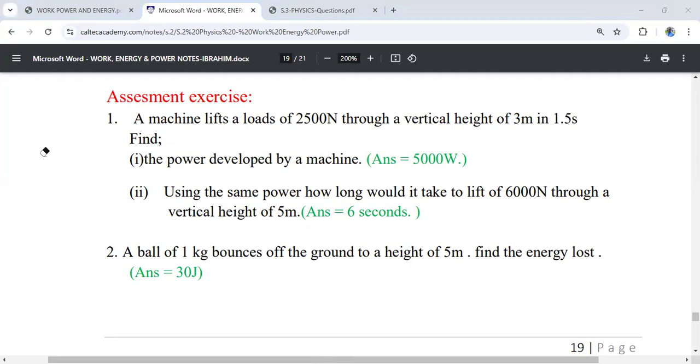So let us try it out. Let us try to do number 1.